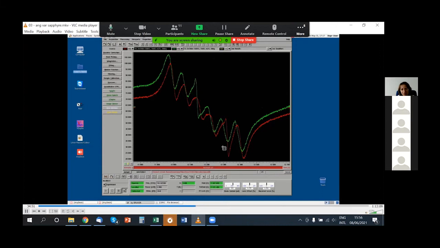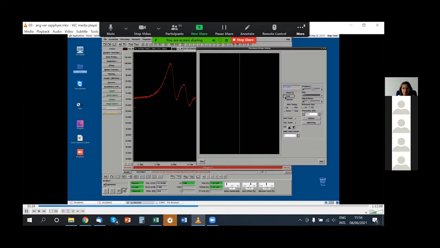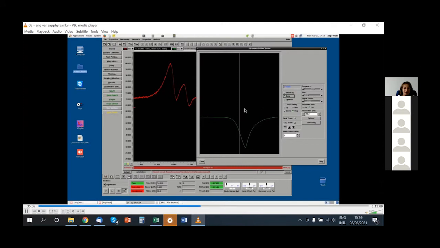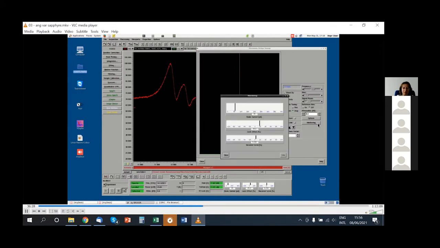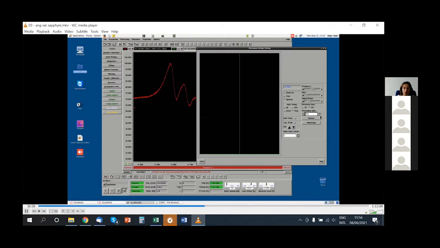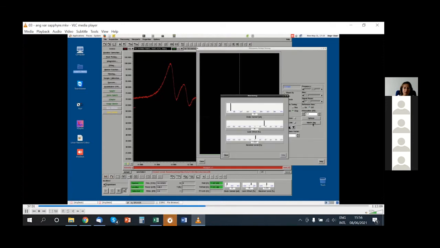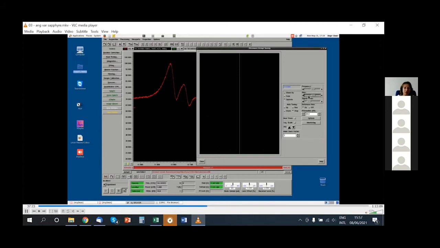You see, after 30 degrees of rotation, we move from here to here with the substrate line. Normally we shouldn't care about the substrate line, but now it's just an example of this angular variation measurement and how we differentiate between the signals from the substrate and signals from the thin film.